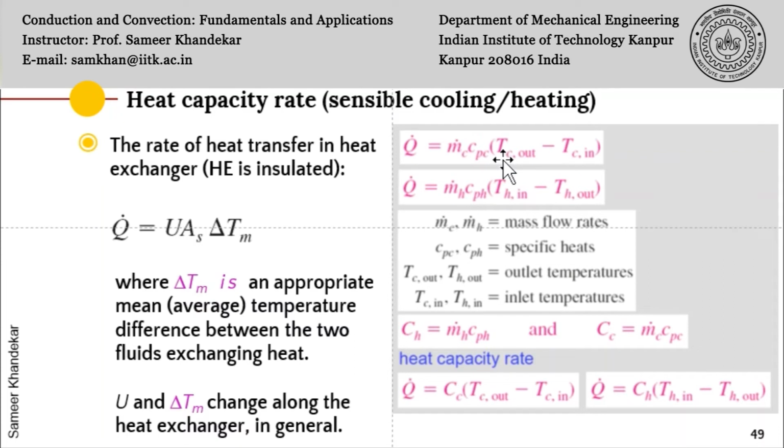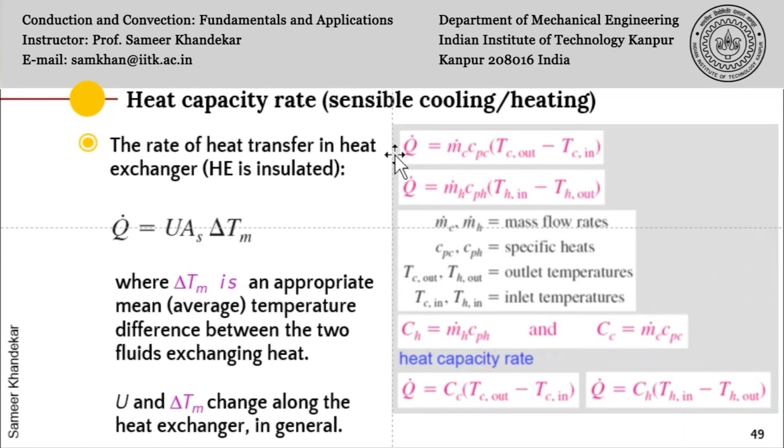The cold fluid will become hotter, and therefore Tc out will be larger than Tc in, as it passes through the heat exchanger. So this is the heat which is absorbed by the cold fluid.